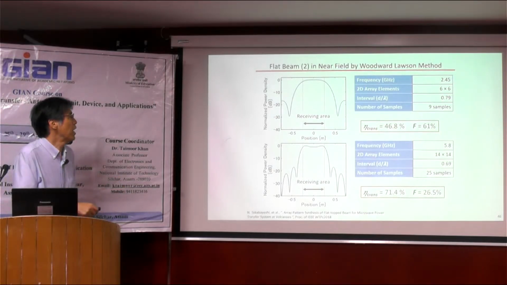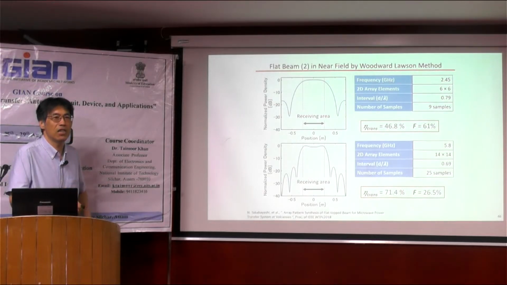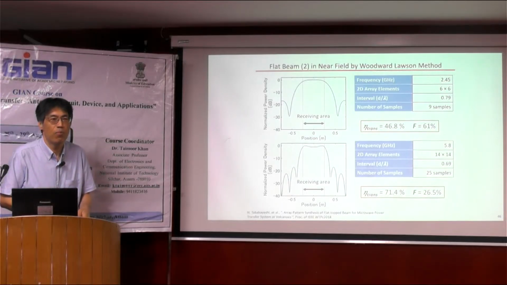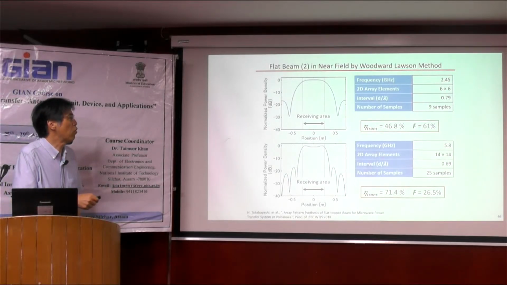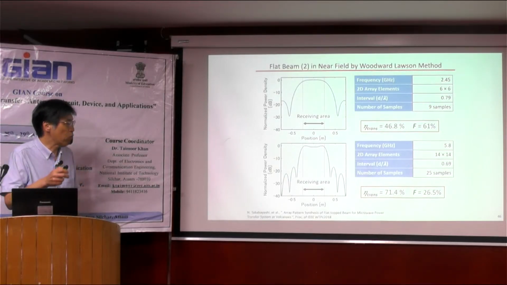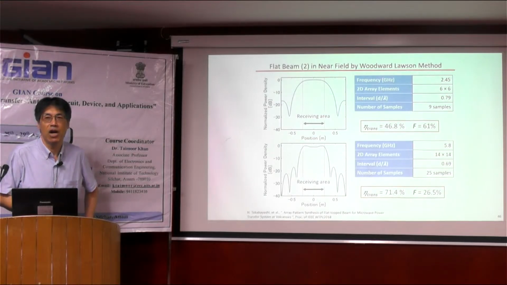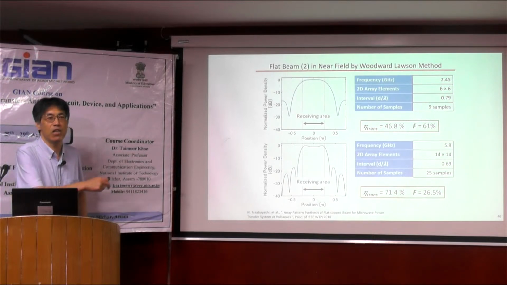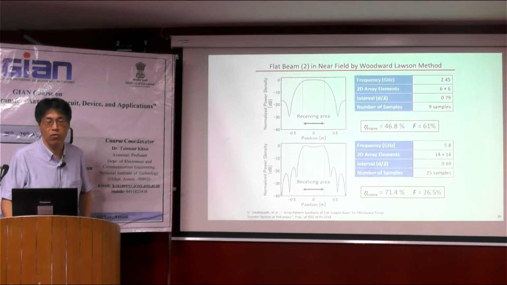Of course, the beam efficiency is a little bit smaller than the normally distributed power. But as a result of combining the total efficiency in consideration of the circuit, we can increase the total efficiency by this flat-top beam at the radiative near field.